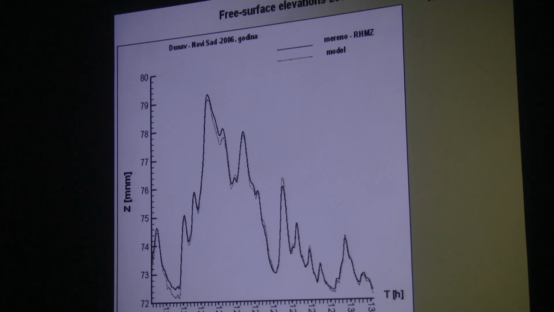That's especially interesting because 2006 was, if you remember, both here and in Hungary, one of the highest discharges that happened. It's about 16,000 cubic meters per second in the downstream part of the Danube, which is close to a once in 100 years event, if there are hydrologists around here.